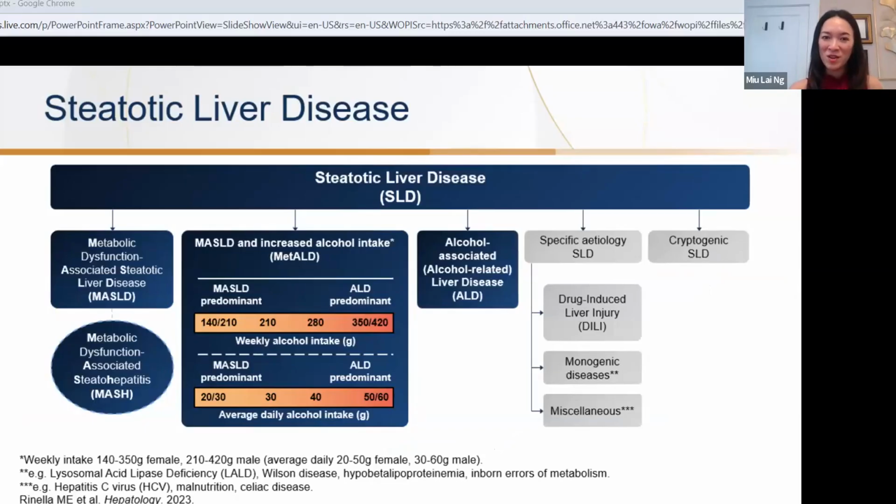So today we are talking about something in between, the dual etiology, MetALD, metabolic and alcoholic liver disease, where metabolic dysfunction and alcohol overlap. There are also less common causes, in the gray boxes of this slide: monogenic disorders, drug-induced injury, and others.